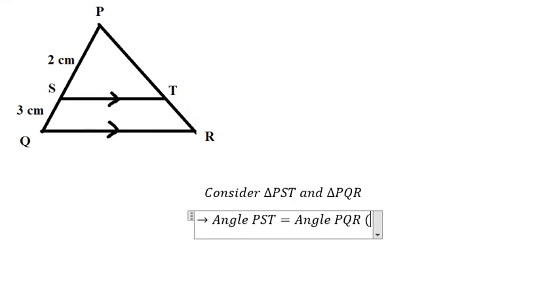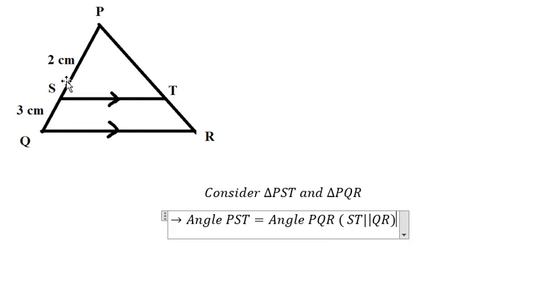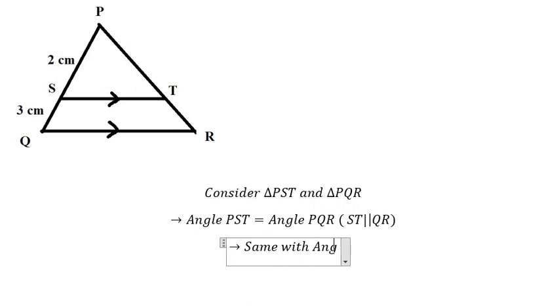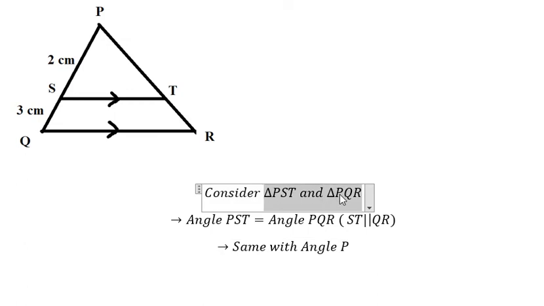The reason in here is because HT is parallel with QR. That means this angle in here is the same as this angle in here. The second one is the same with angle B. That means both of the triangles in here have the same angle B.